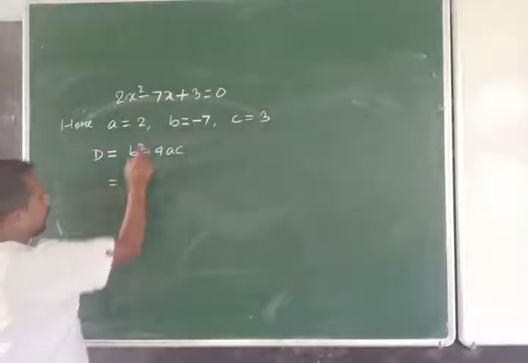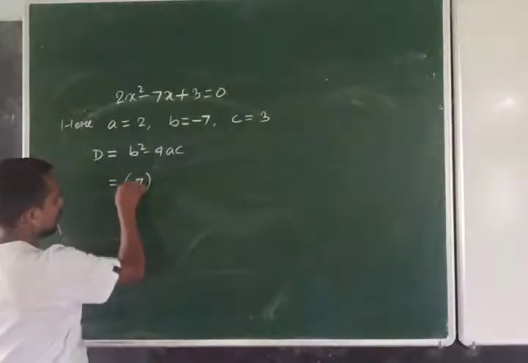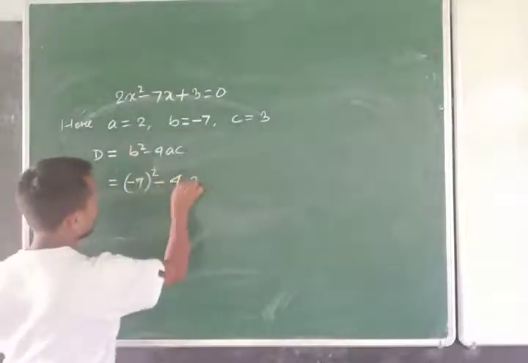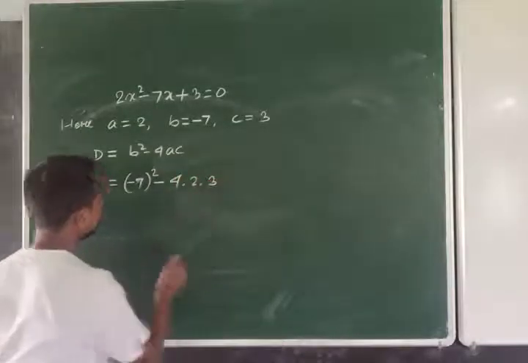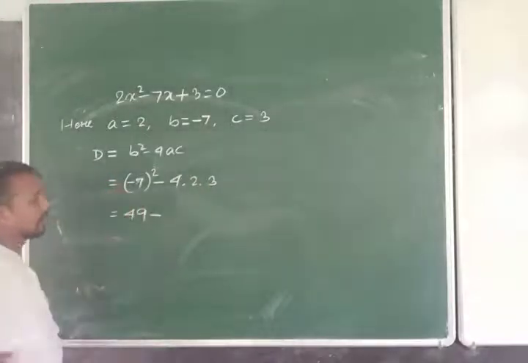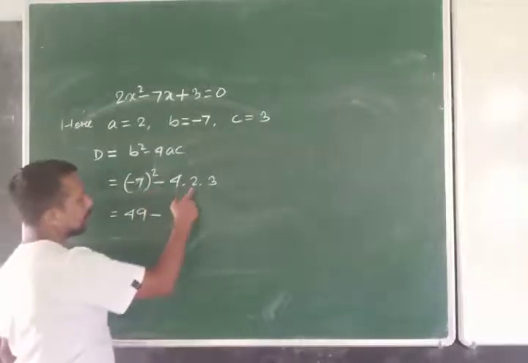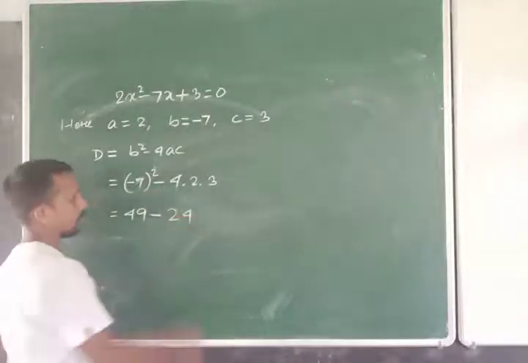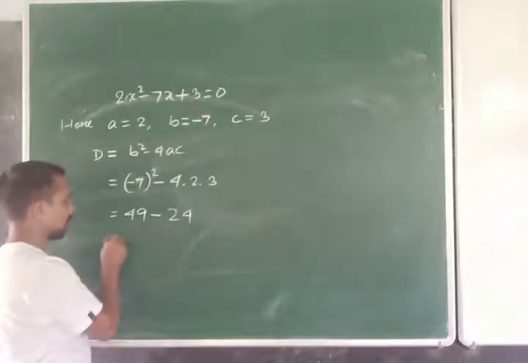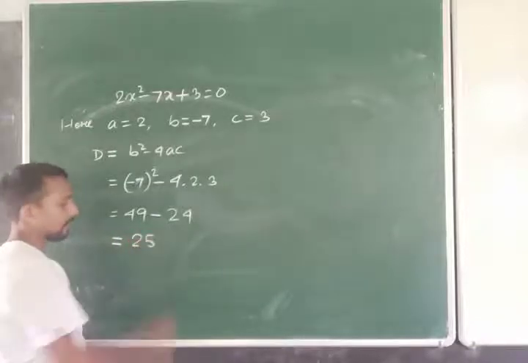B square value is minus 7 whole square, minus 4, a value is 2, c value is 3. This is 49, since the square is positive, minus 24. 49 minus 24 is 25.